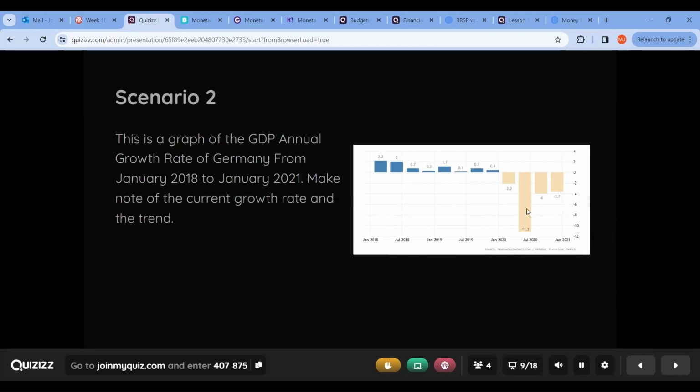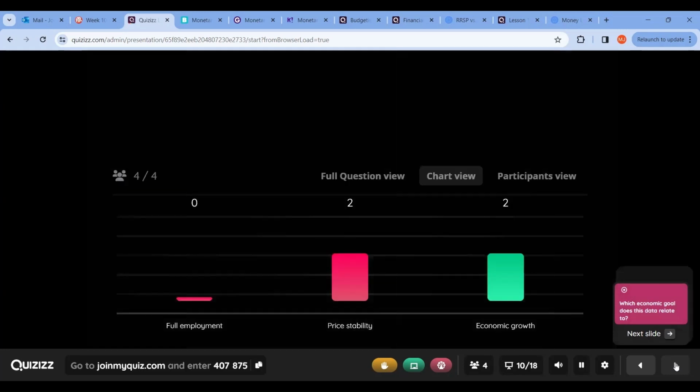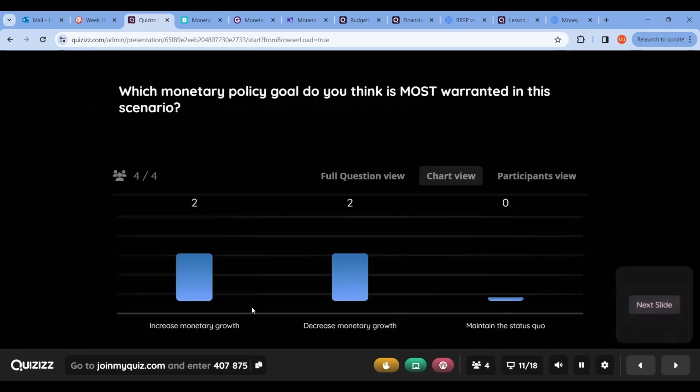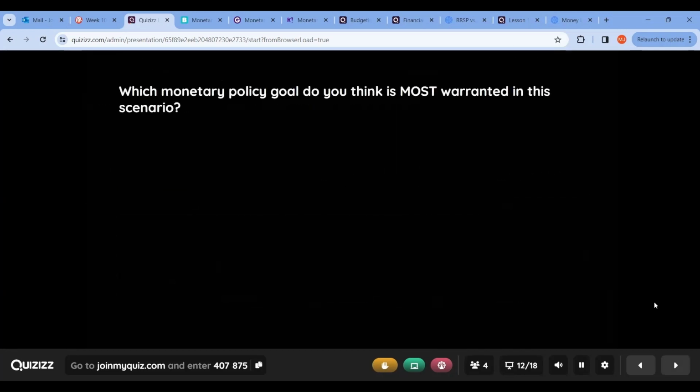If you increase the money supply, it'll solve a lot of this issue, not the whole issue, but some of it. Economic growth will go up a significant amount if we increase the money supply. So getting out of this negative trend, the increase in the money supply is a good way. So it would be increased monetary growth in that case.